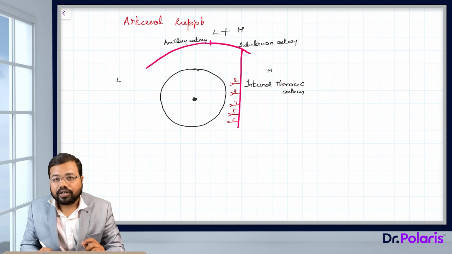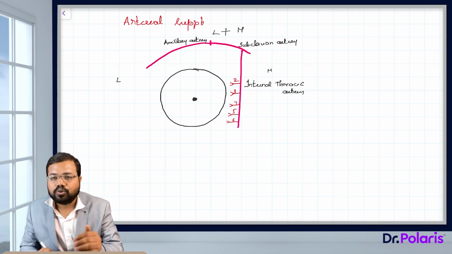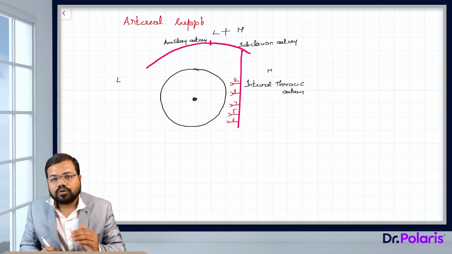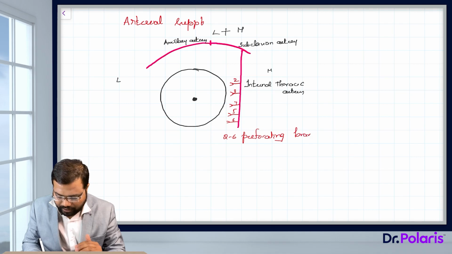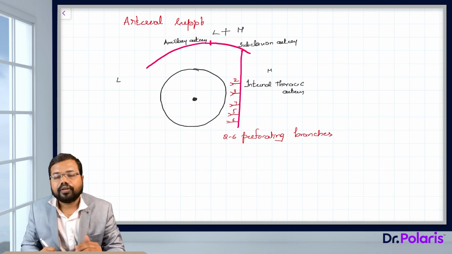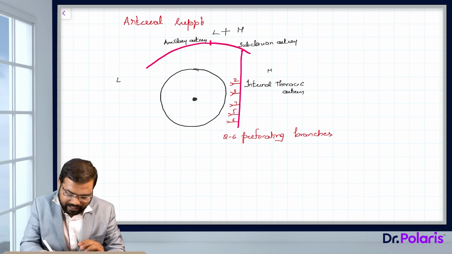These are all the perforating branches of the internal thoracic artery. They are large from the 2nd to 6th intercostal spaces, and these large branches supply the breast. The second source is the axillary artery.